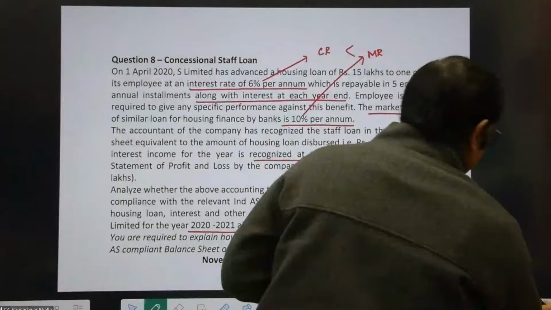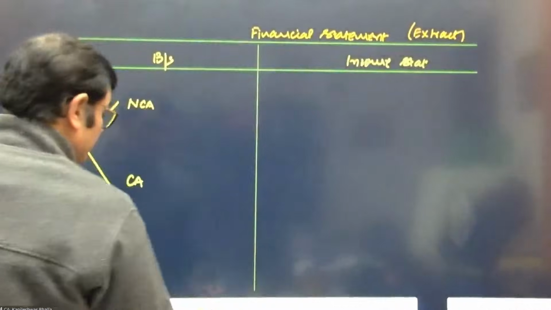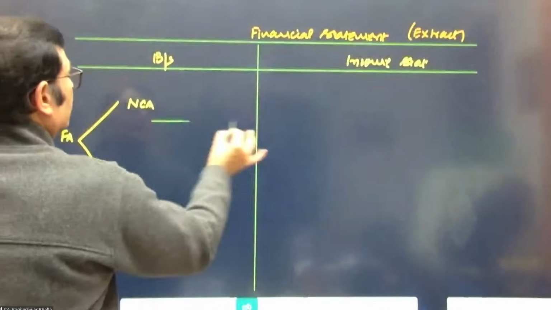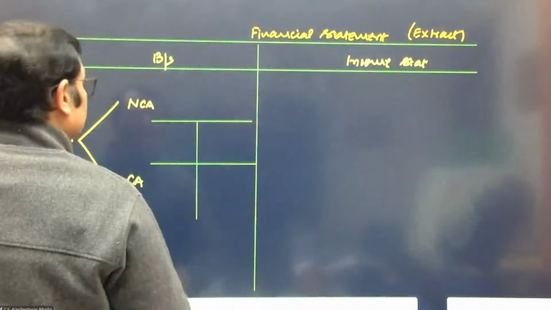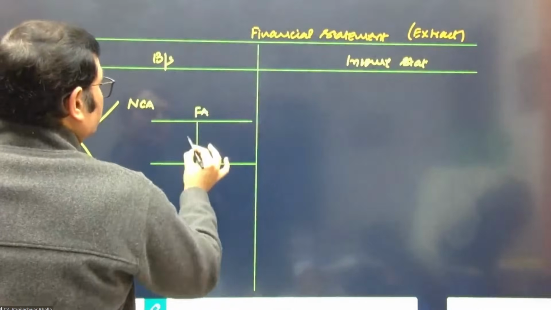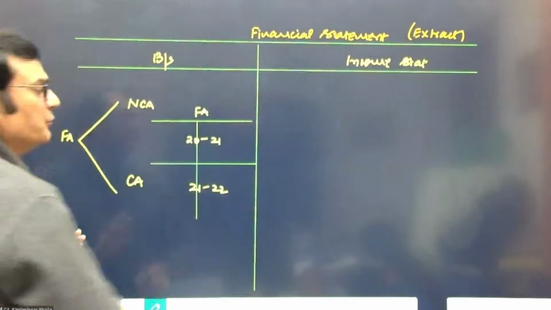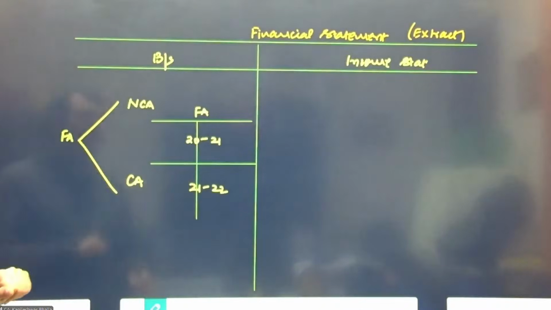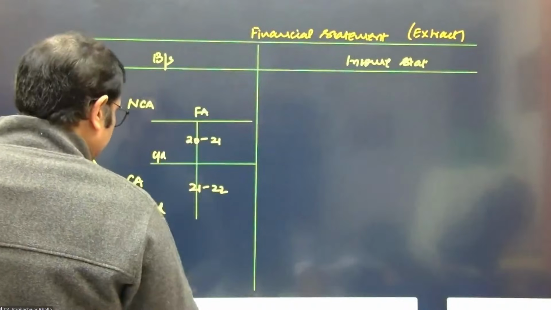So technically speaking, if you ask me, how would I segregate this? Now watch this very carefully. Let's say you make a ledger account, and my advice would be that when you make a financial asset ledger, you make it for 2021, you make it for 21-22. Now watch me very carefully on this. So you get a balance c/d here and you get a balance c/d here.